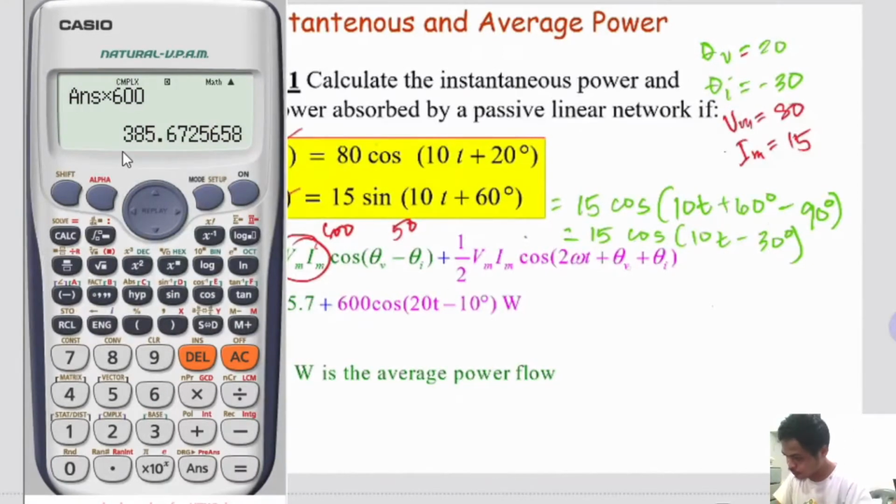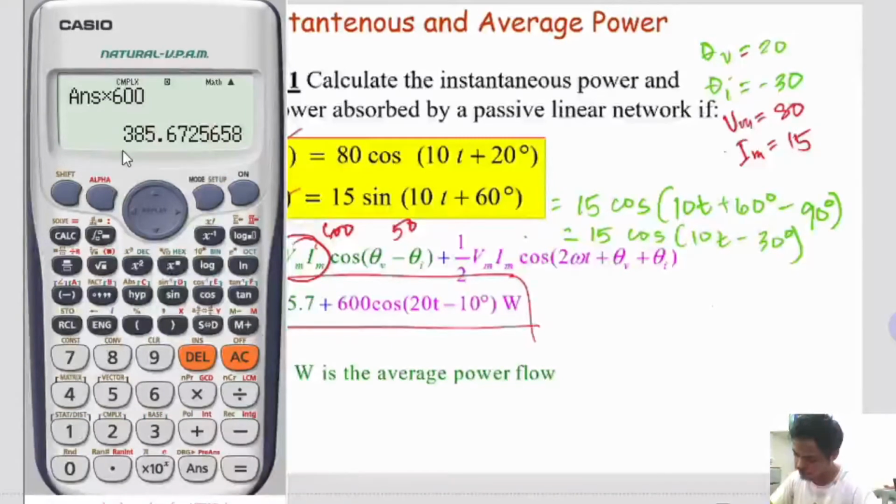Here we have 20 minus 30, negative 10. So this is the instantaneous power of this given voltage and current. And the average power is in this formula. So in that case, we have 355.7 watts.